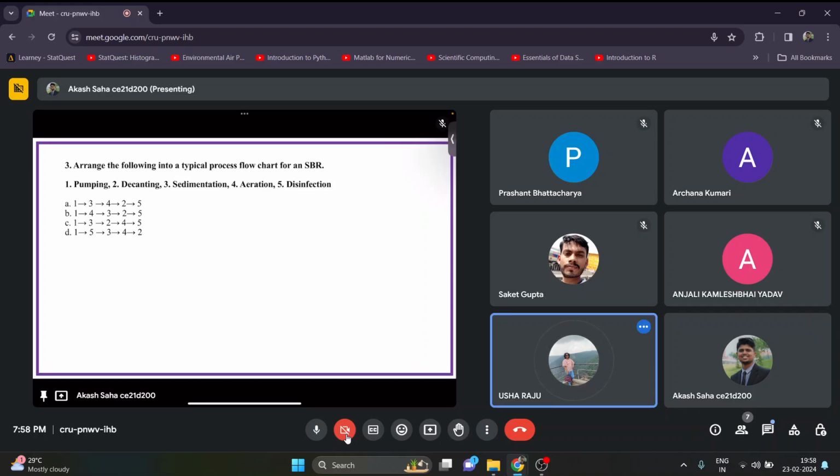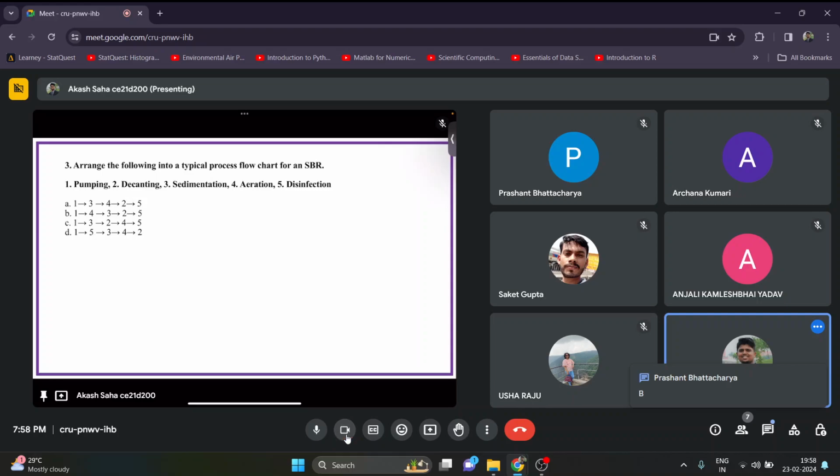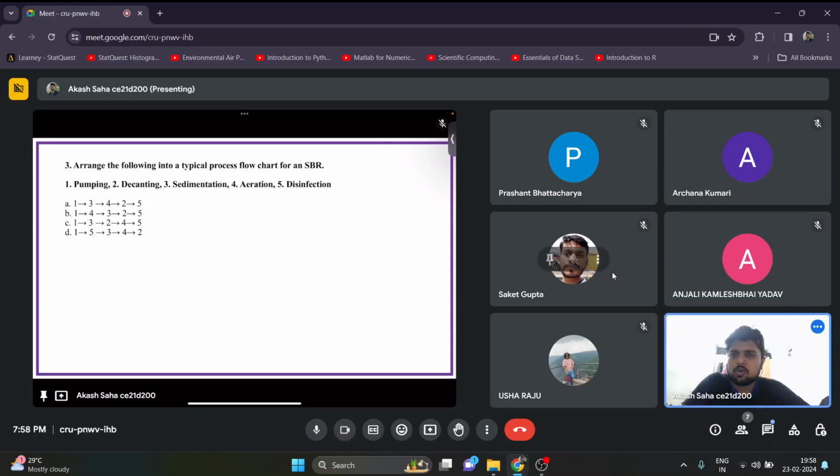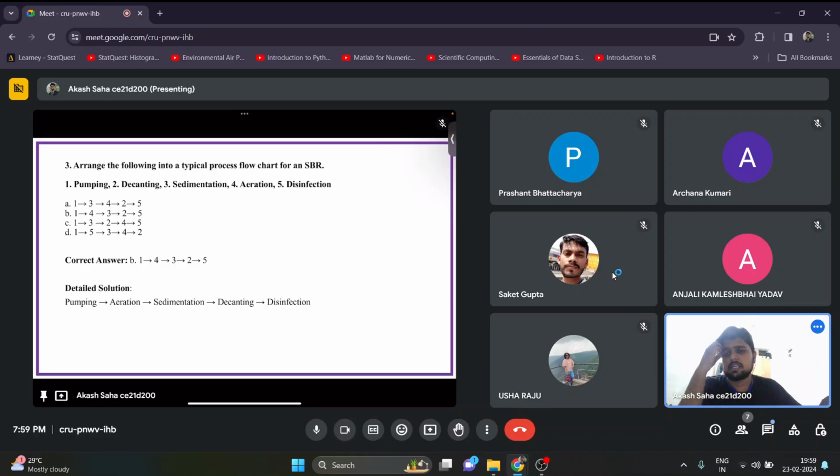It's B. Okay, so two of you are saying it's B. So first it is pumping, then aeration, then sedimentation, then decanting, then disinfection. So B is the correct option. Okay, so this is fine.